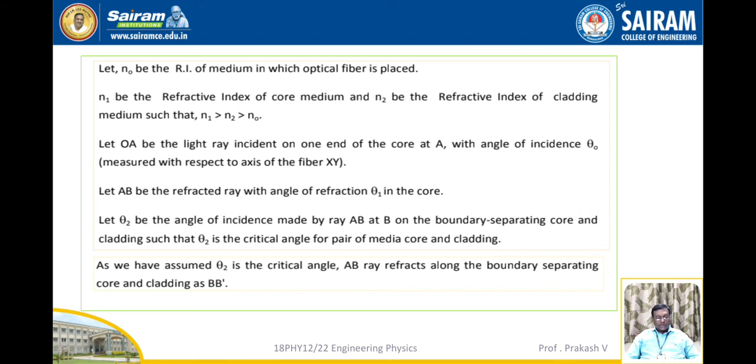Let theta 2 be the angle of incidence made by the ray AB at B on the boundary separating core and cladding, such that theta 2 is the critical angle for the pair of media core and cladding. As we have assumed theta 2 is the critical angle, AB is the ray that refracts along the boundary separating core and cladding, which is considered as BB dash.